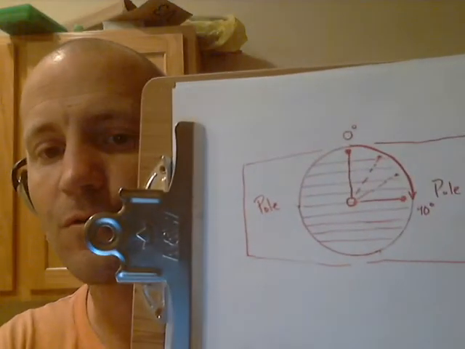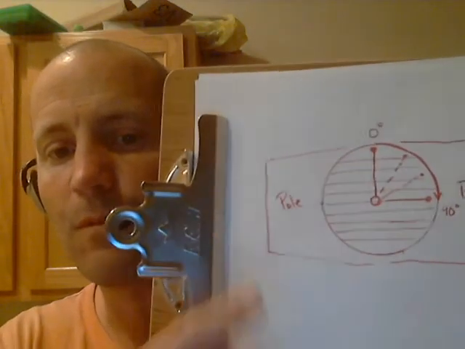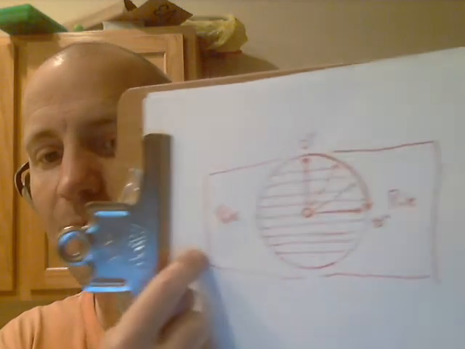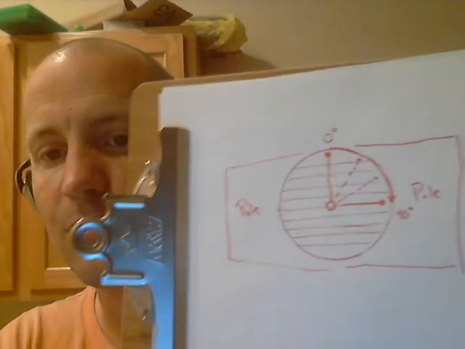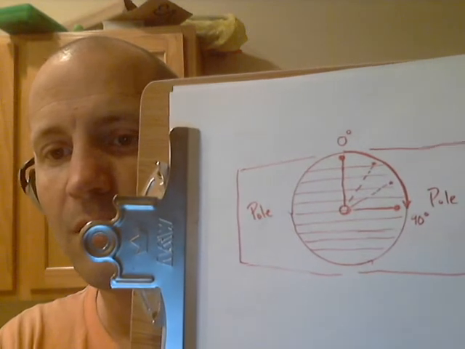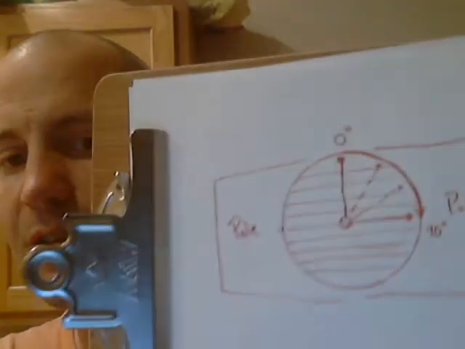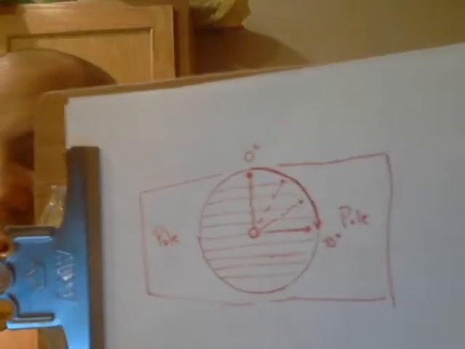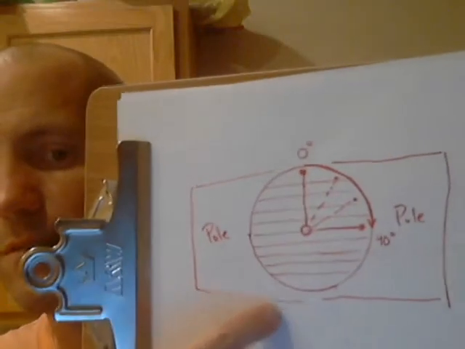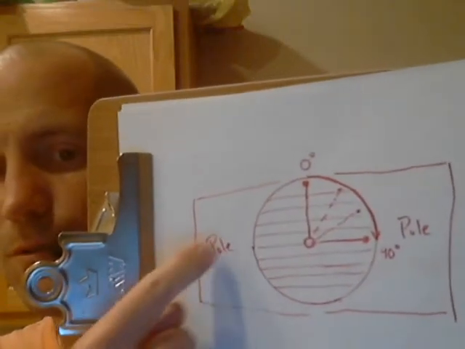And what I've done here is drawn, let me zoom in on this just a little bit, this box represents a magnet, and it's got two poles to it.